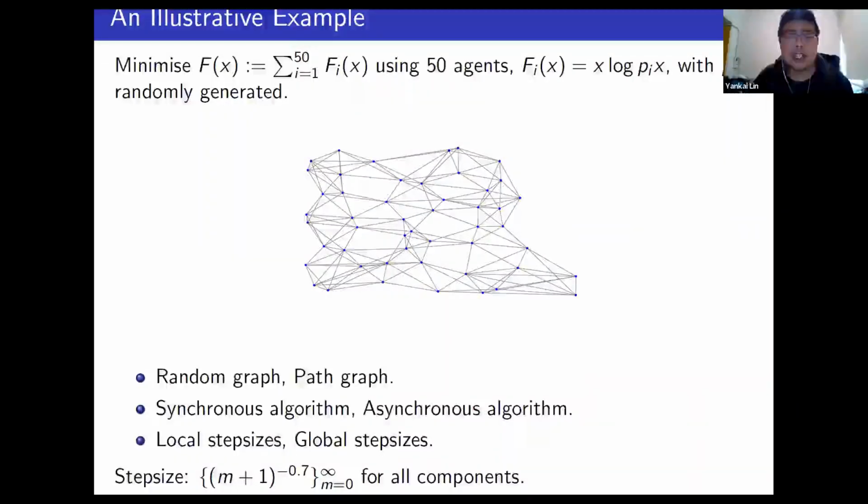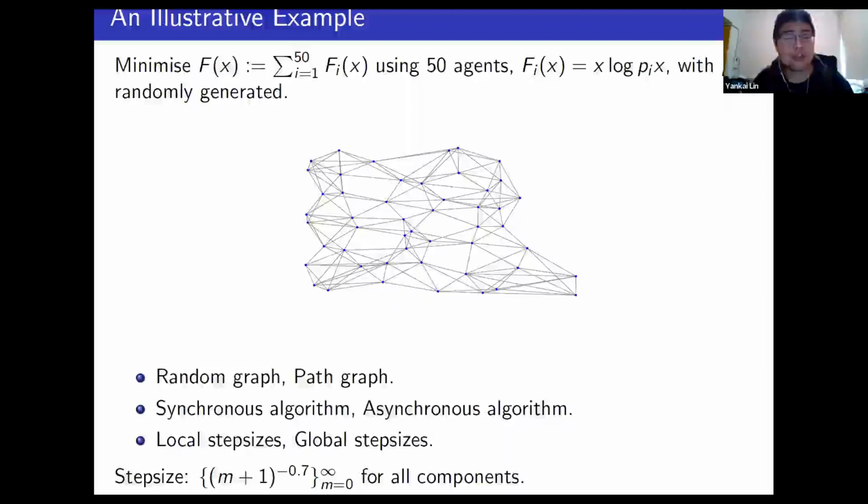And we run our algorithms under 6 different settings. We want to compare the impacts of different settings on the convergence properties of the algorithm. So first, we run the algorithm using 2 different graphs.